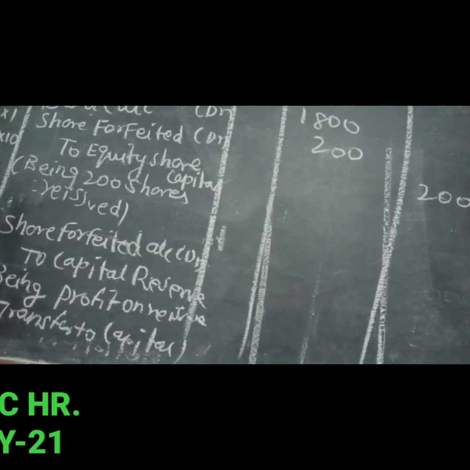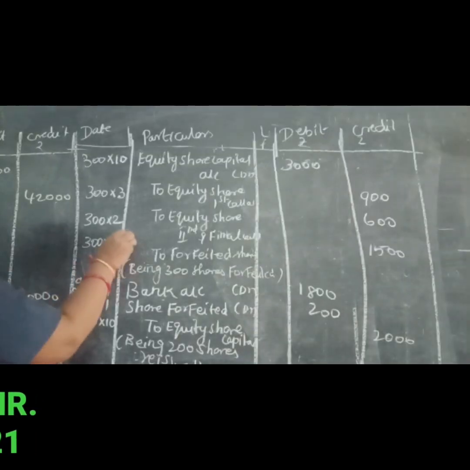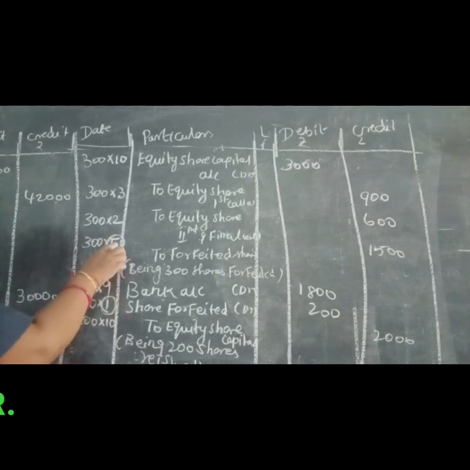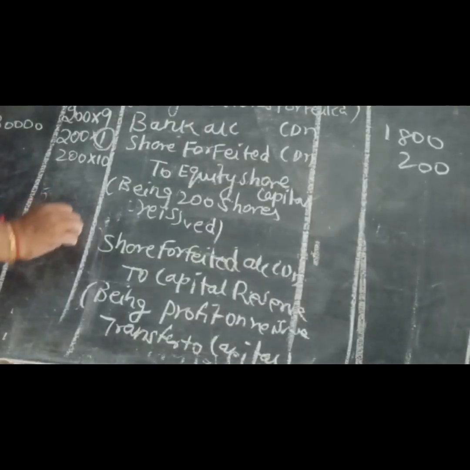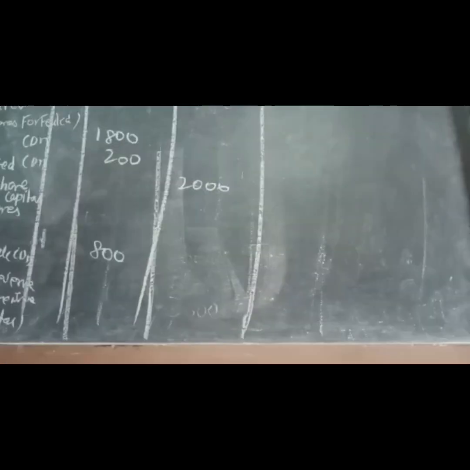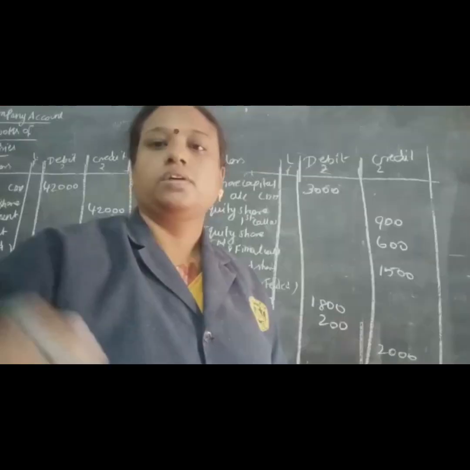For the 200 shares, the forfeited amount is 5 rupees and on the reissue entry the amount is 1 rupee, so 5 minus 1, 4 rupees. 200 into 4 rupees, 800 is the answer. Thank you, students.